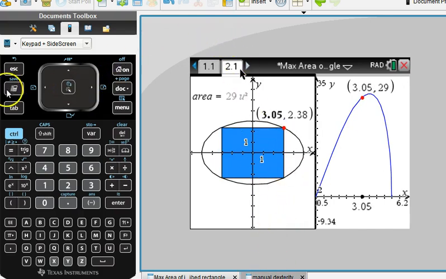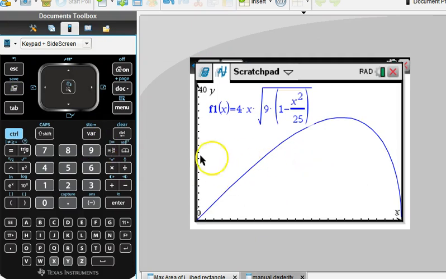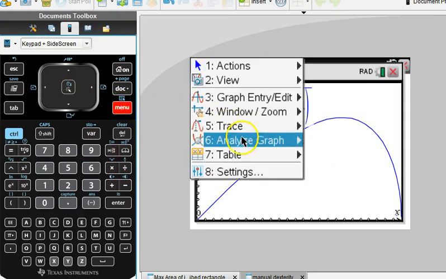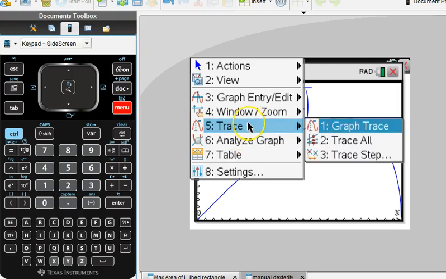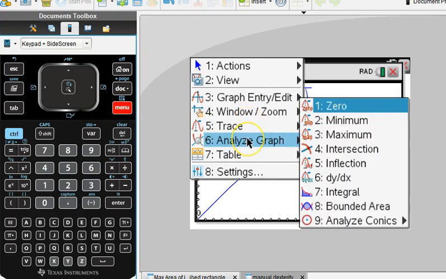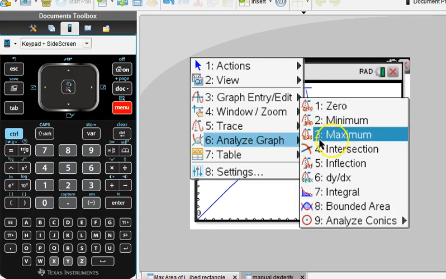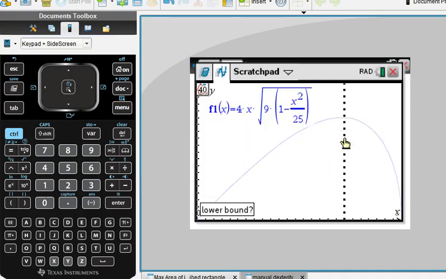So back to our scratch pad here. To find the maximum value of this graph, I'm going to go to Menu, Analyze Graph, and Maximum. Now this will give me a little dotted line.